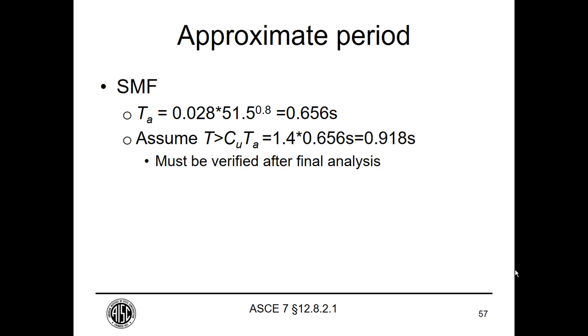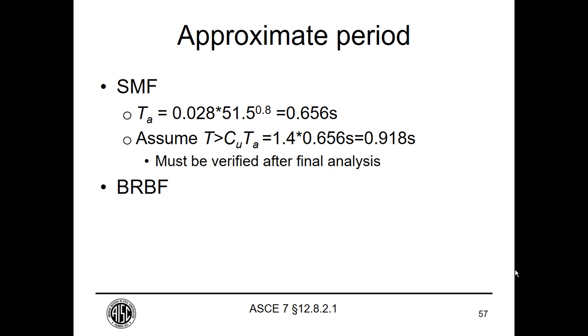We will use that to get our base shear. I will say that a special moment frame is very rarely governed by the design base shear and the strength requirements, and much more likely to be governed by the drift requirements, as we'll see in session 3. So the assumption of Cu Ta here is fine. It's not going to govern the design anyway.